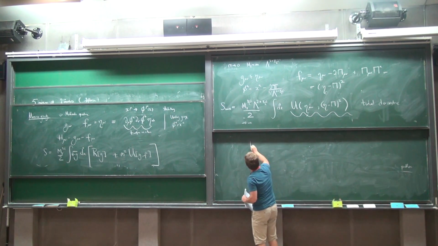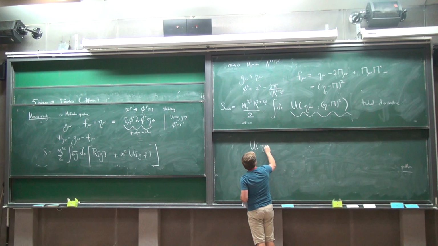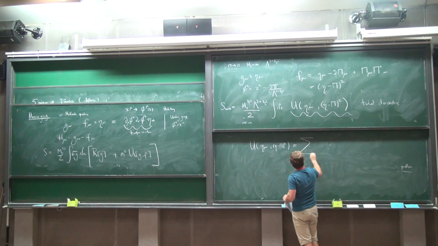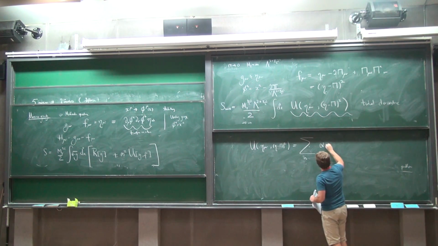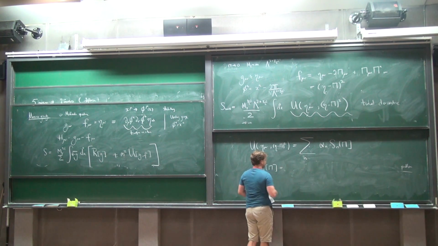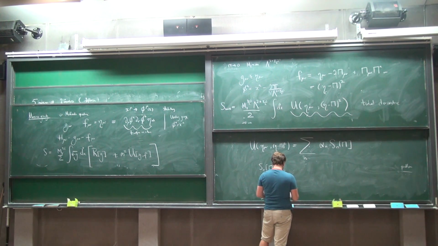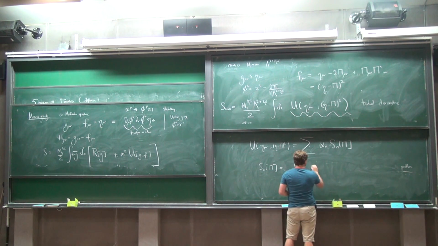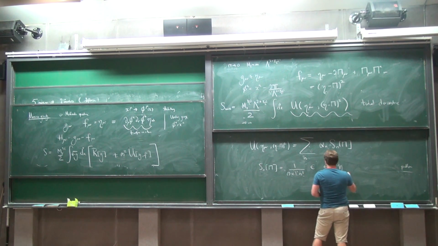So U, whatever that U combination, has to be a superposition of characteristic polynomials, which, if you remember, are these combinations, which are given by 1 over (d minus n)! n!, epsilon epsilon, and then η to the power of d minus n, Π to the n.